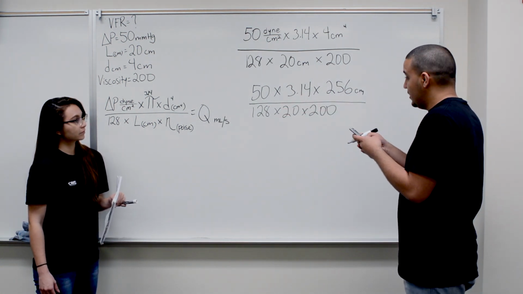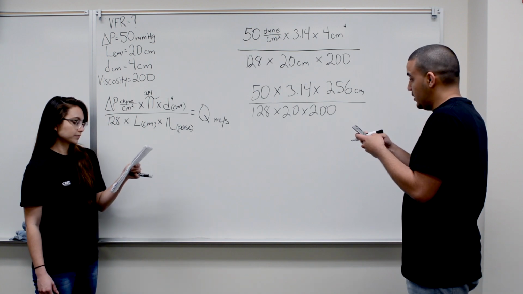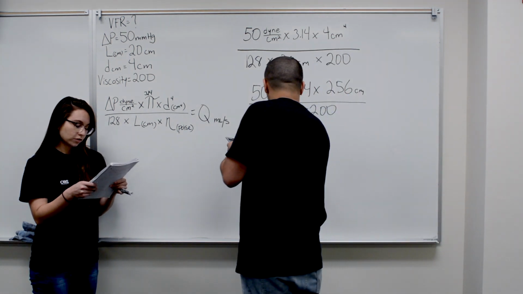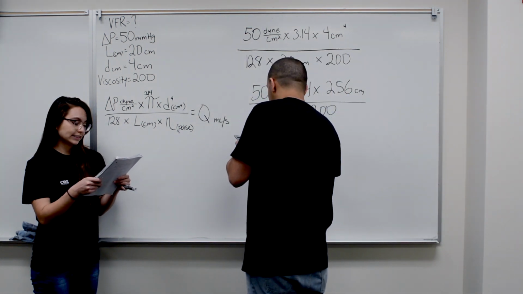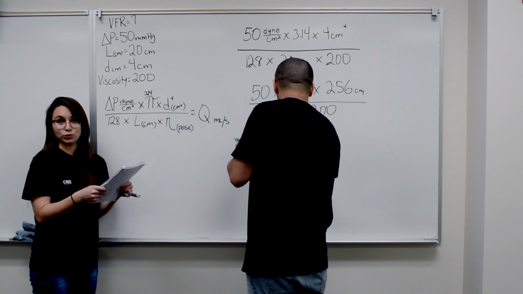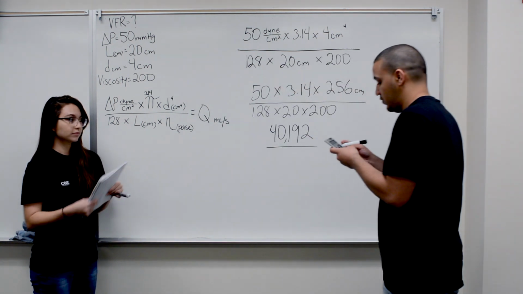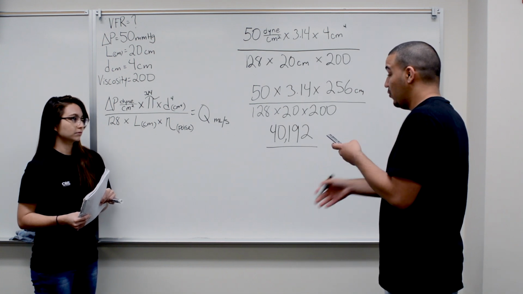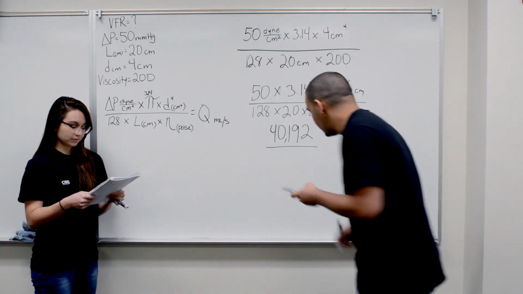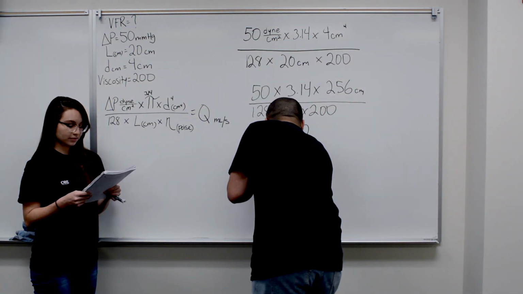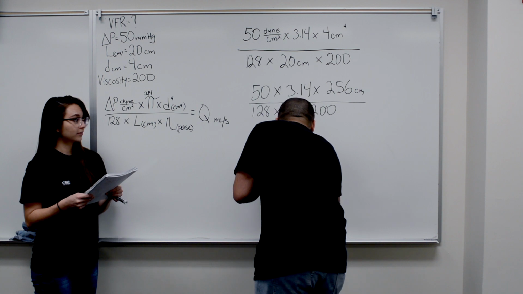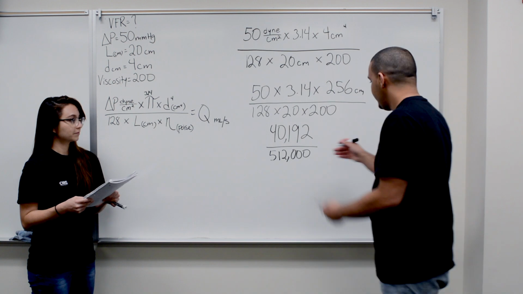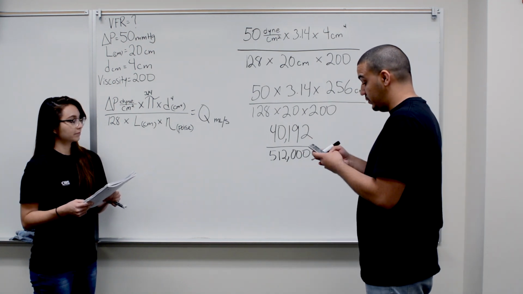That is 50 times 3.14 times 256, which comes out to a ridiculous number of 40,192 over 128 times 20 times 200, which comes out to an even more ridiculous number of 512,000. Perfect. And then you divide those two.